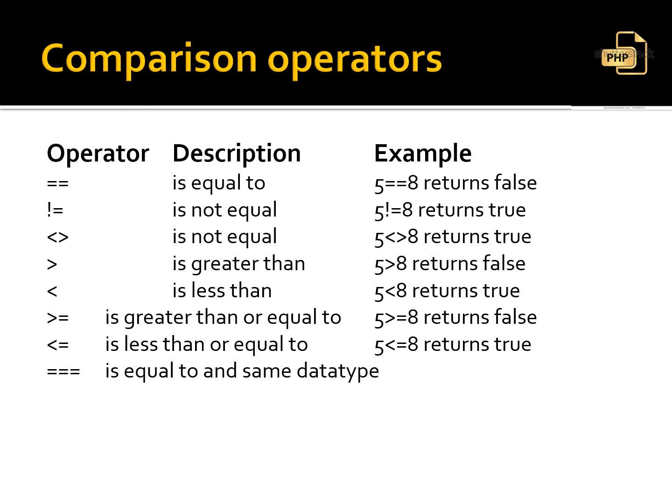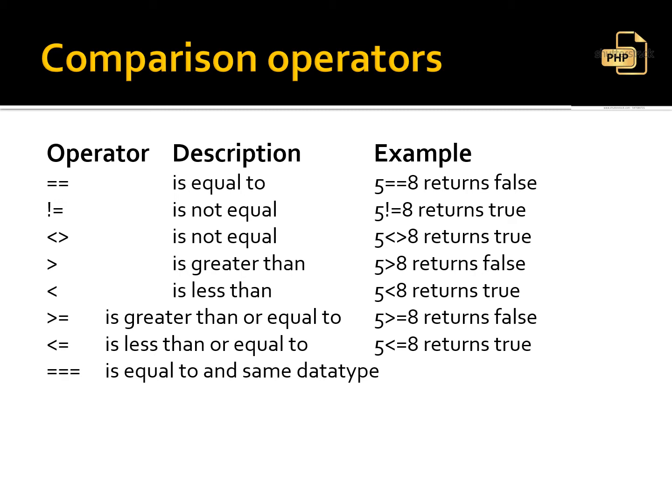If both values are different, it will produce a true value. Then less than, greater than is the same as not equal to. If the value on the left hand side and right hand side of this particular operator are different, it will produce a true value.